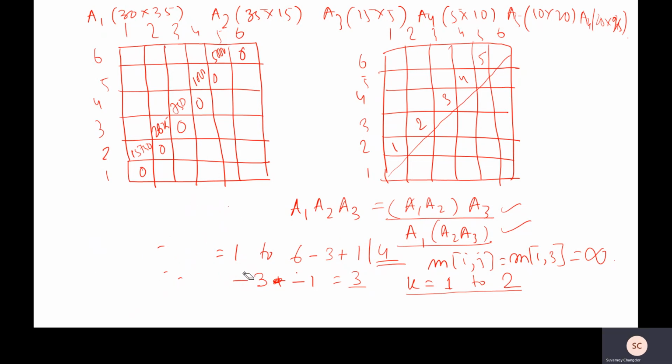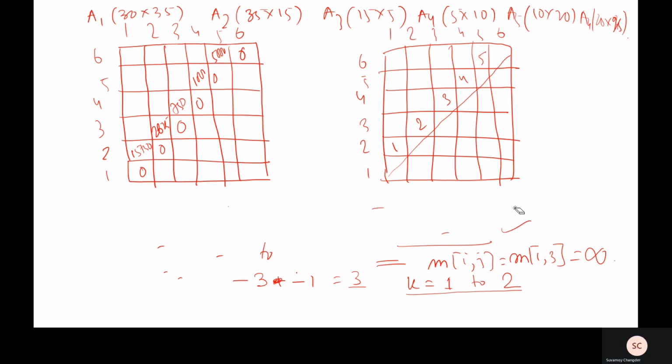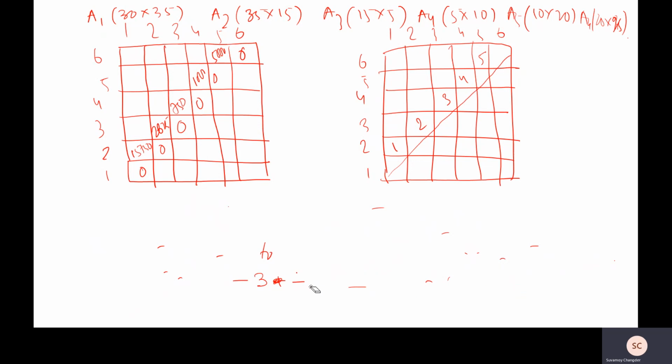So here I am erasing all these and let us go for executing the k loop. The k loop will execute twice. For k equals to 1, k will go from 1 to 2.